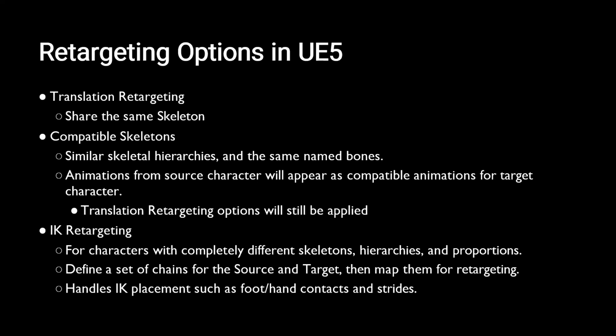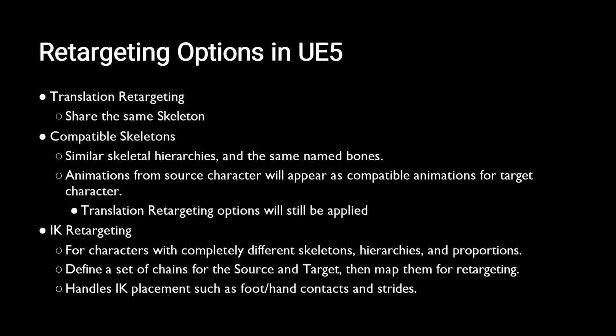So animations from the source character will appear as compatible animations for the target character, but the translation retargeting options will still be applied. The third is IK retargeting, and this is for characters with completely different skeletons, hierarchies, and proportions. First you define a set of bone chains for the source and the target, and then map them for retargeting. This handles IK placement, such as foot and hand contacts and strides.